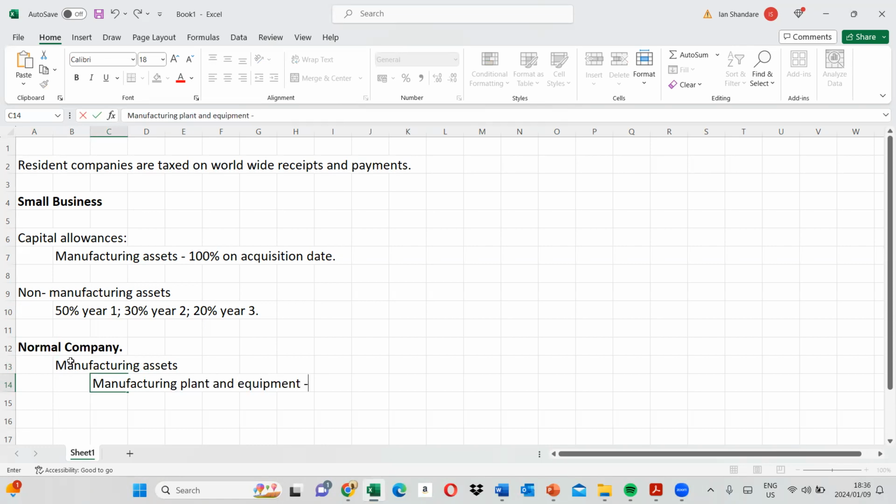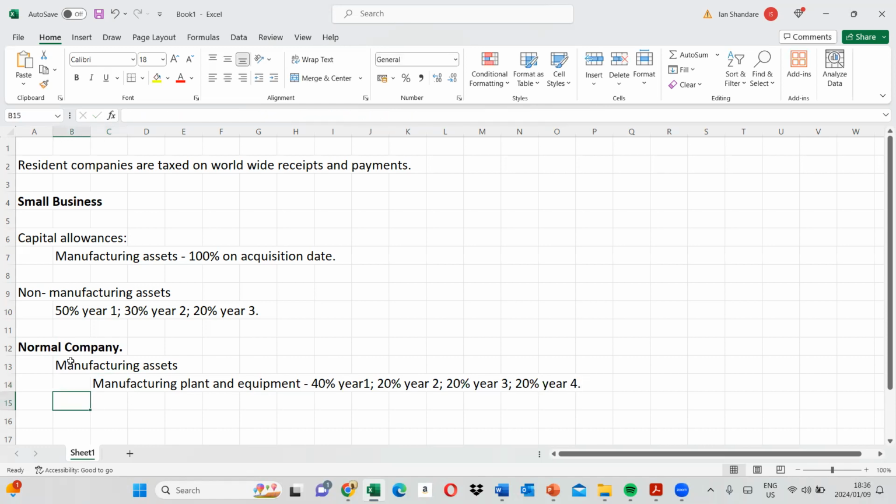When it's a normal company with manufacturing plant and equipment, you claim allowances of 40% in year one, and then you have 20% in year two, another 20% in year three, then 20% again in year four. So that's what you have in regards to manufacturing assets.